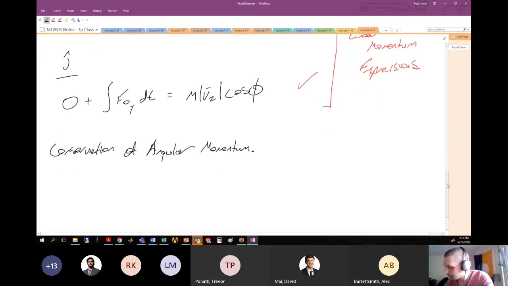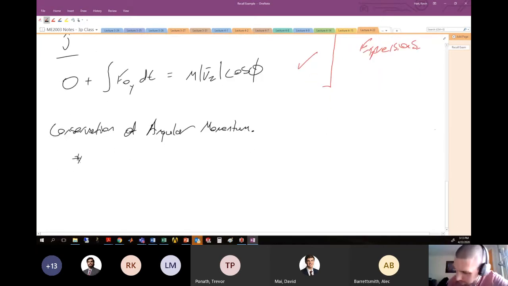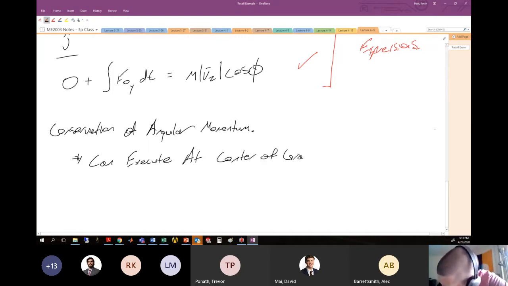So we can execute it at the center of gravity, which for us is the point G. Or we can execute it at a point of fixed axis rotation.